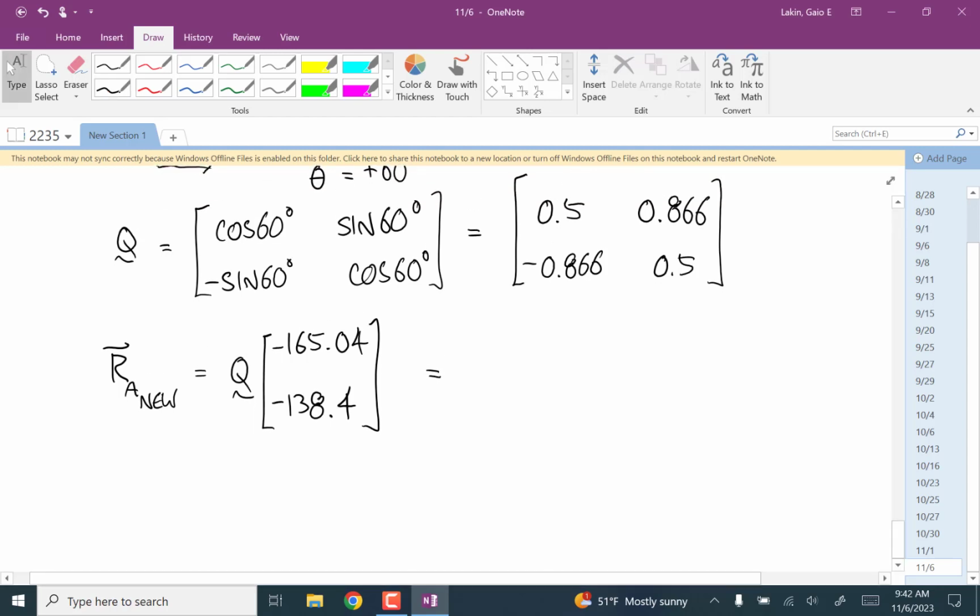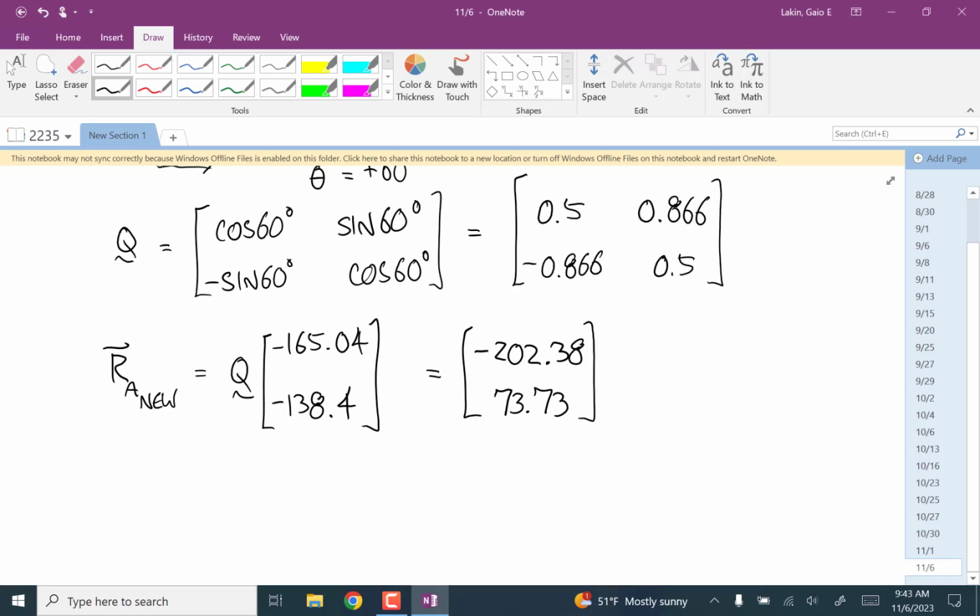First I'm going to multiply it out, and I got a new force vector of negative 202.38. Is anyone else doing this? Are you getting those same things? Okay, good. So that is that same force vector just expressed in our new coordinate system.